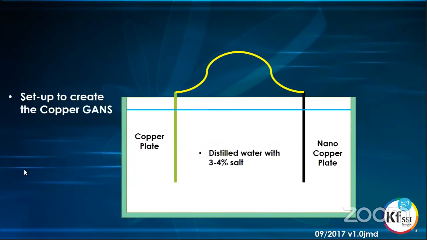Yes, so you can create a whole spectrum of different strength copper GANs by regulating the current which circulates between those 2 plates, or by adjusting the distance between the plates, or by adjusting the salinity. I saw somebody did such an experiment using different salt concentrations of 1%, 5%, and 10%, and he compared the results.